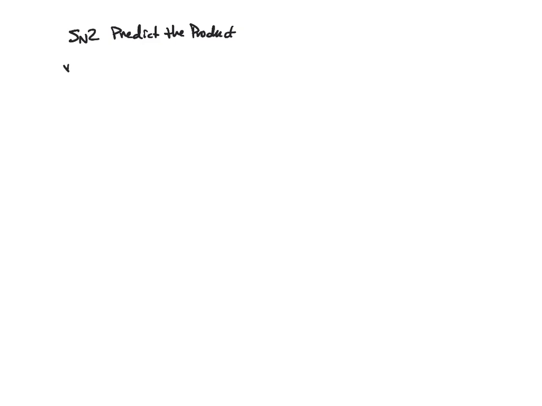So let's look at this example. Huh, that's not a double bond, that's projected. Yeah, it's coming out towards you. So we want to predict what the product of this is going to be.